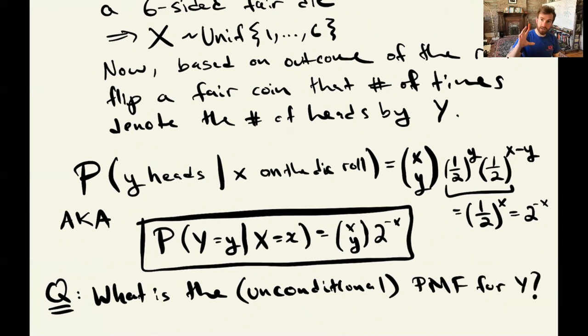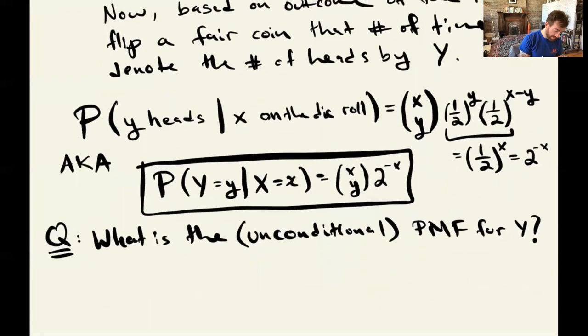All right, so we have to go back and think a little bit about how this works. Well, what we need to essentially do is figure out how y could equal a specific value, little y, by summing over all possible values x, and then considering those probabilities. So here's the answer.